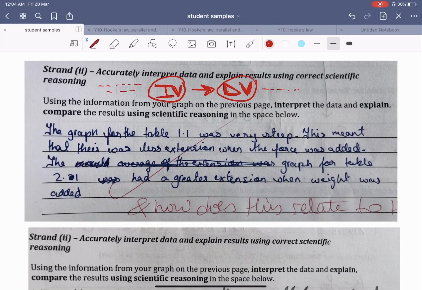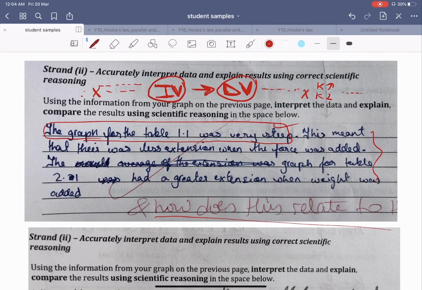So if I don't see the words changing combination or series and parallel, and I don't see how K is greater or K is less, then you won't get any mark. So the graph for the table was very steep. Yes, you got something for this. Everything else is correct, but it does not relate to my DV or my IV.